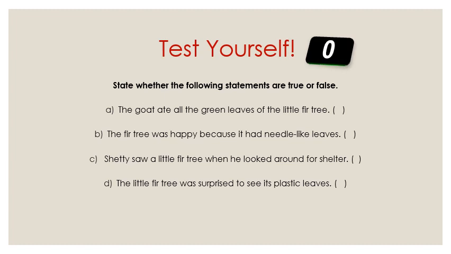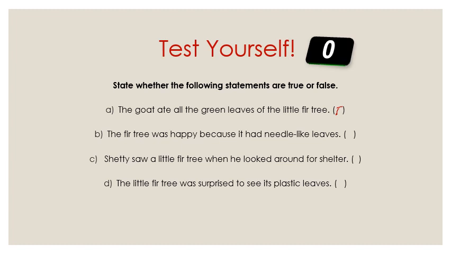So let's begin to see the answers. Now let's discuss. The goat ate all the green leaves of the little fir tree. Is it correct? Is it true? It is absolutely true. Now let's see number 2. The fir tree was happy because it had needle-like leaves. So was the fir tree happy with its needle-like leaves?